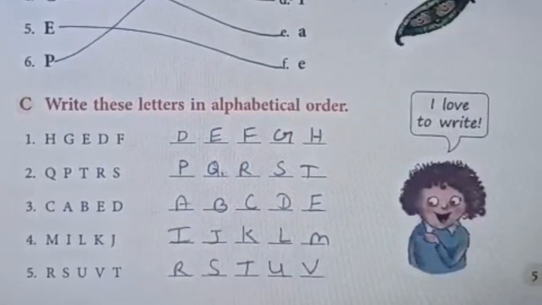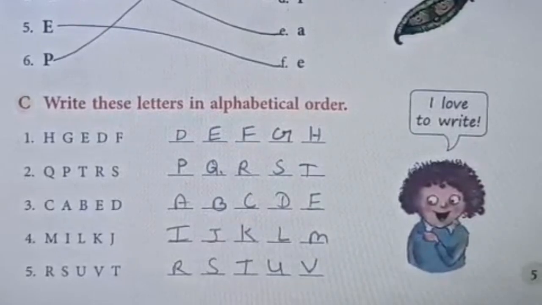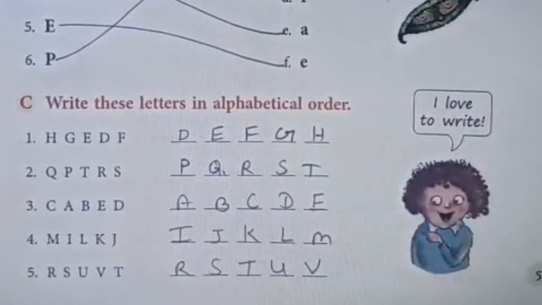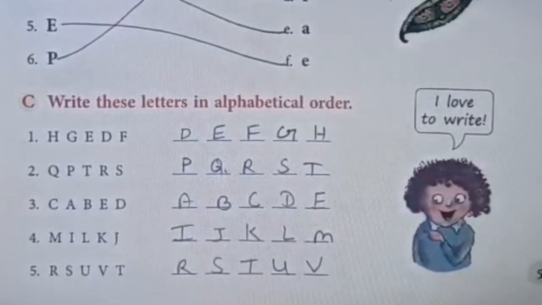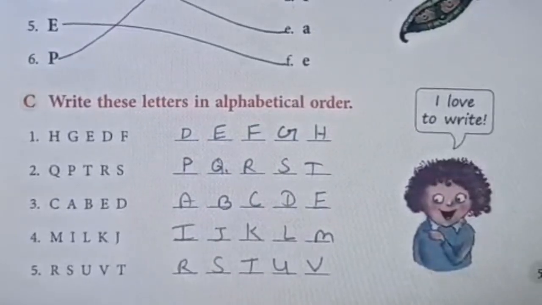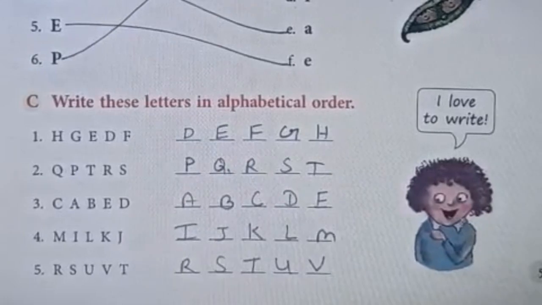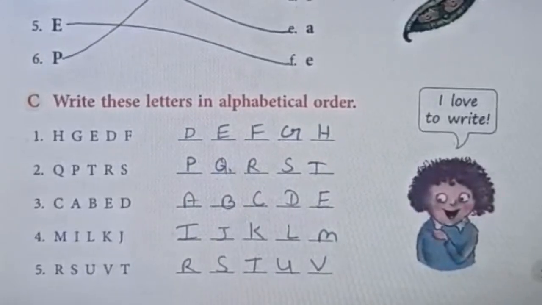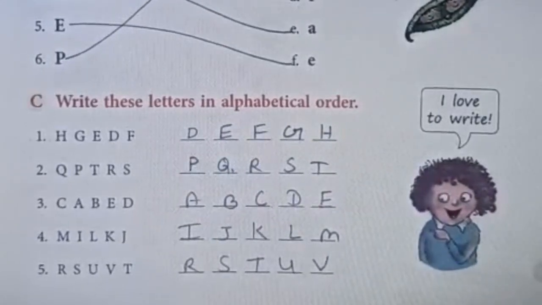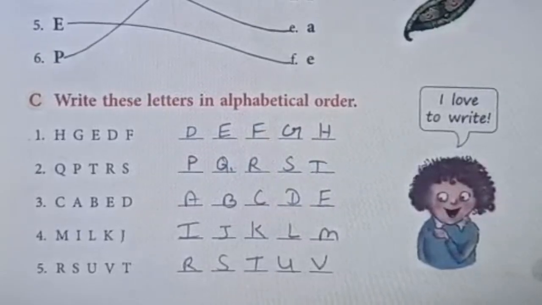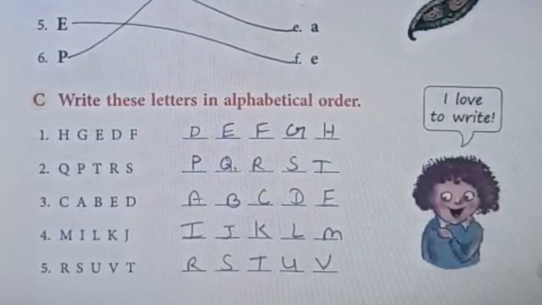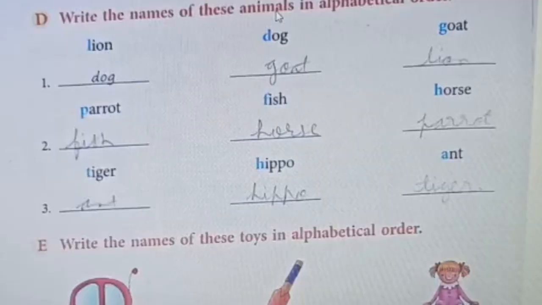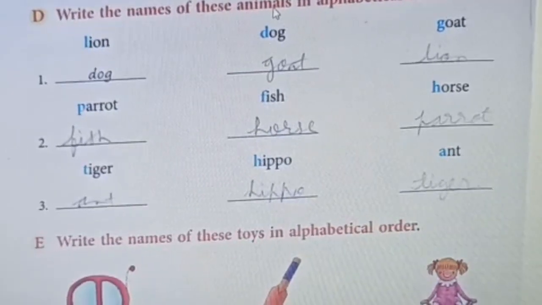So one number is H, G, E, D, F. This is an uneven order. We will write them in alphabetical order. That will be D, E, F, G, H. Then P, Q, R, S, T, A, B, C, D, E, I, J, K, L, M, R, S, T, U, V.